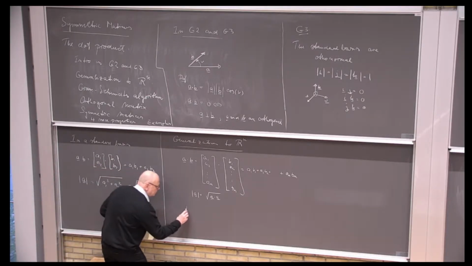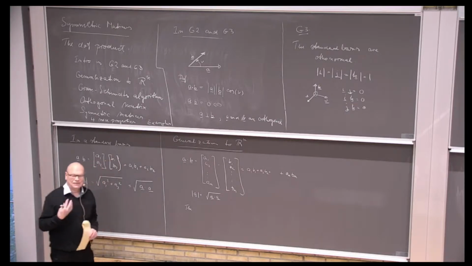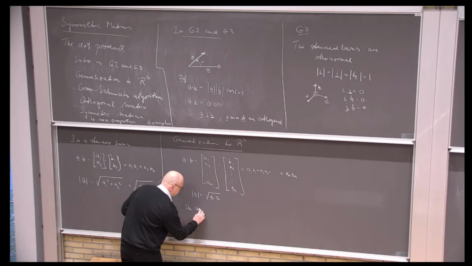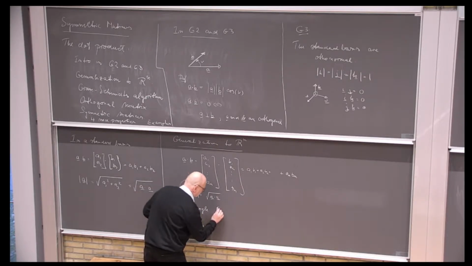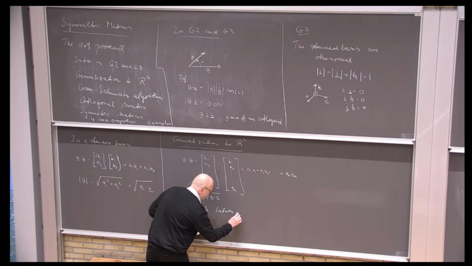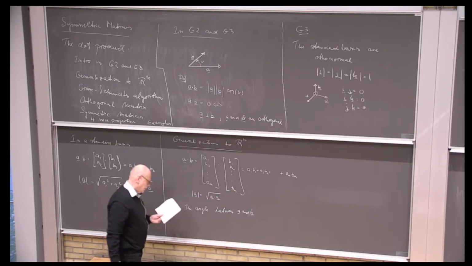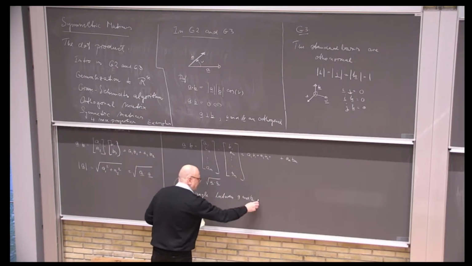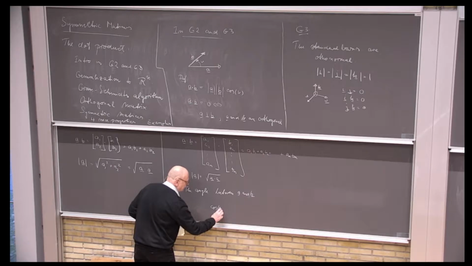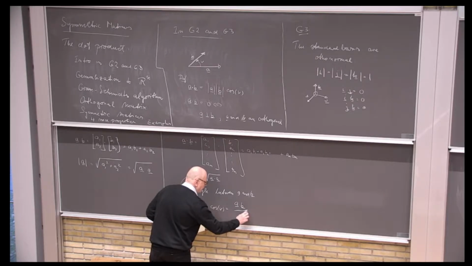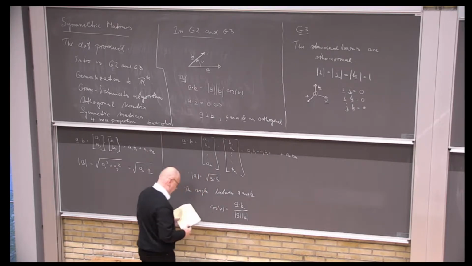And now you can also discuss, although if n is greater than 3, you cannot imagine how that will be, but you can define the angle between two vectors, between A and B. And this is determined by cosine of the angle equal to A dot B divided by the length of A and the length of B.